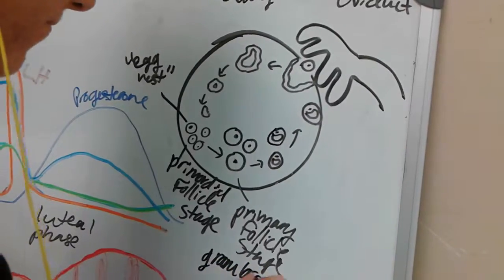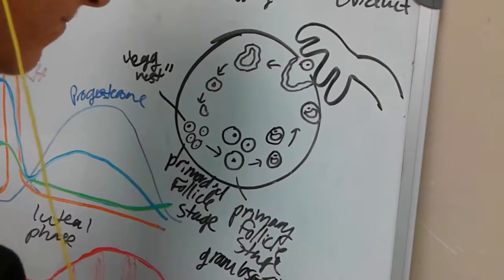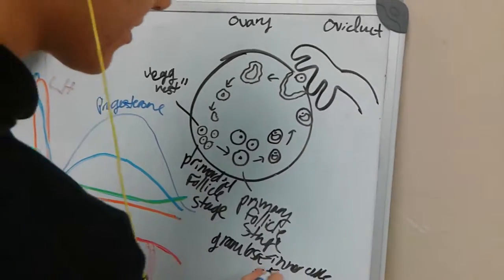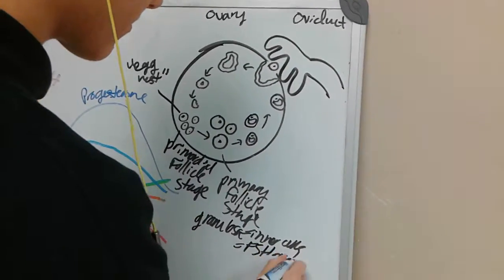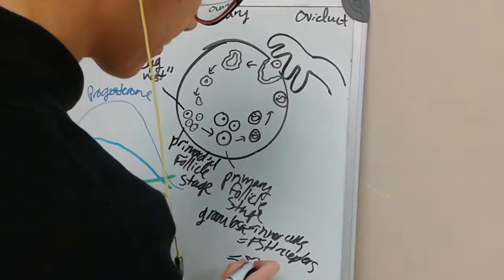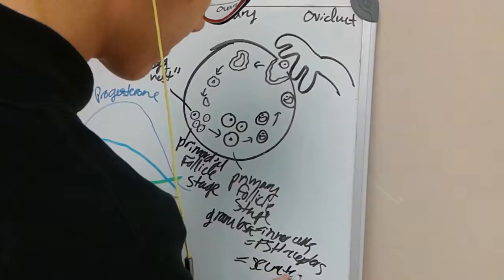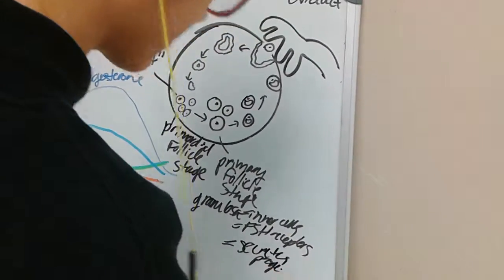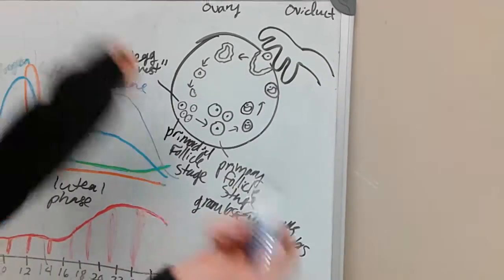Granulosa is the inner cells. It has receptors for FSH. And it also secretes progesterone. But this secretion becomes more prominent in the corpus luteum, which we'll get to.